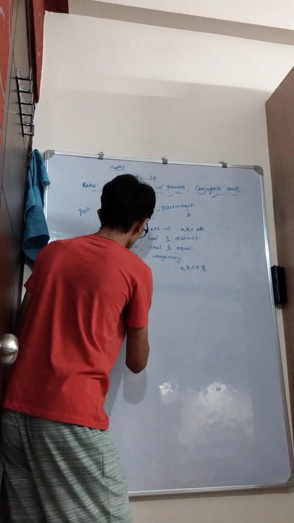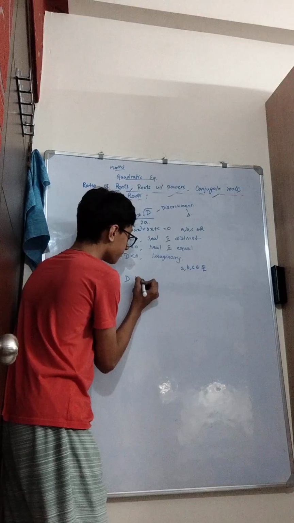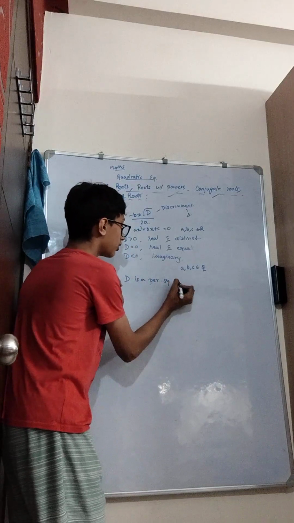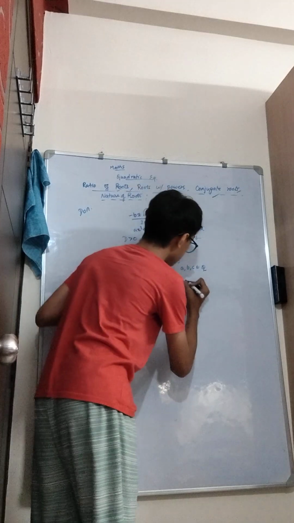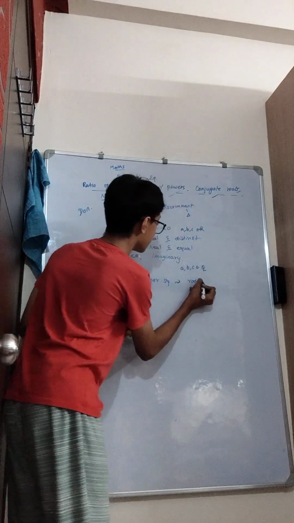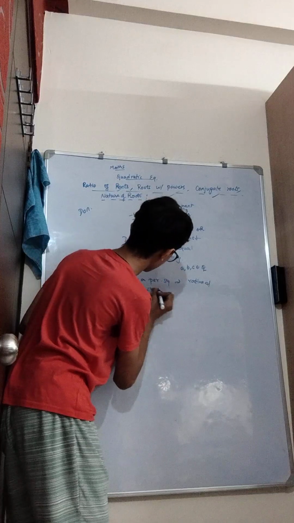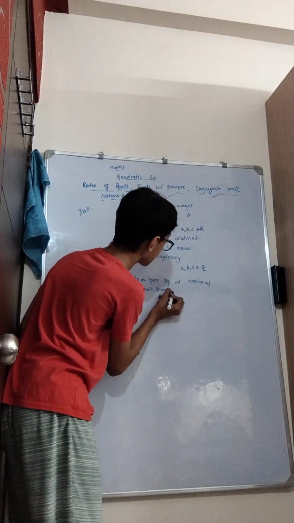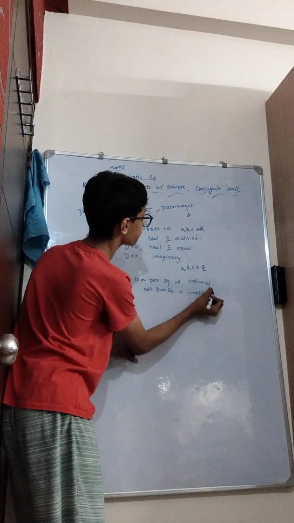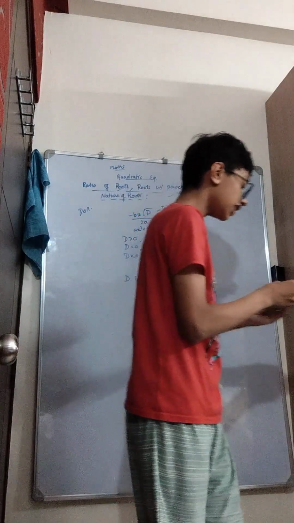Now they are rational. If D is a perfect square, then the roots are rational. But if D is not a perfect square, then the roots are irrational. This is the condition that D puts.